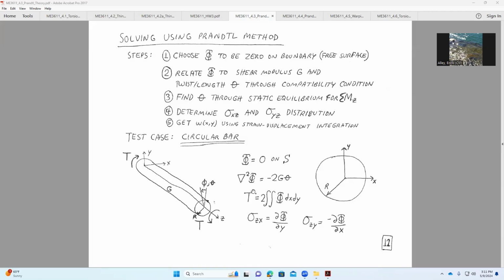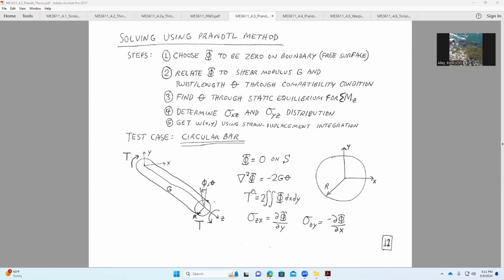And here's our other stuff. Our Laplacian got to equal minus 2g theta. And torque has got to be 2 times the area integral of Prandtl. And if it works out that we can integrate it with r or something instead of dx dy, that's okay too.